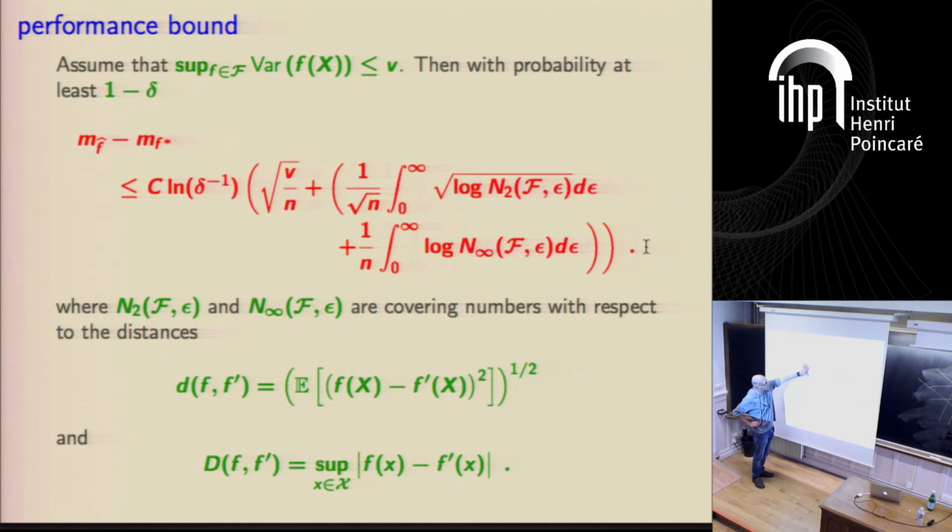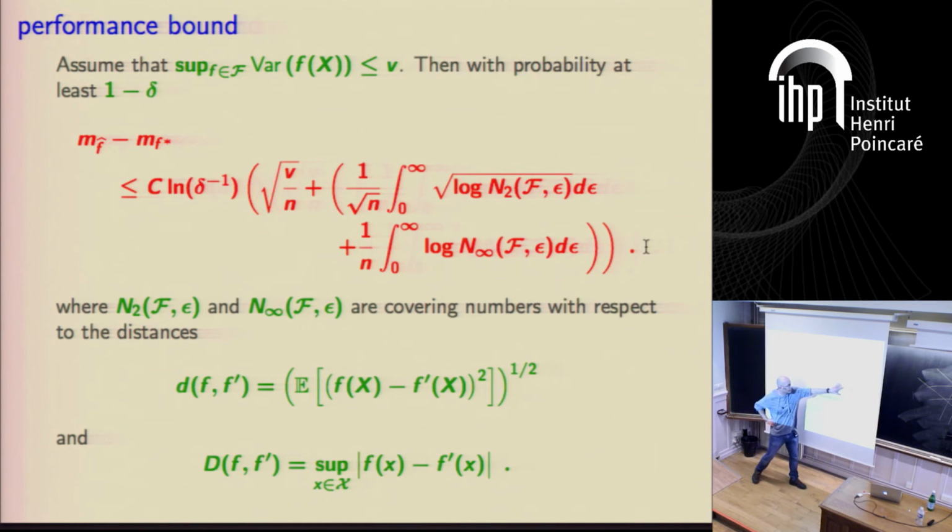Square root of V over n: this is fine, and it doesn't depend on the class. We would get this even if we had just one function in the class. Then we have something that looks really good: this is like Dudley's chaining bound under this distance, the expected square distance, which is really nice.